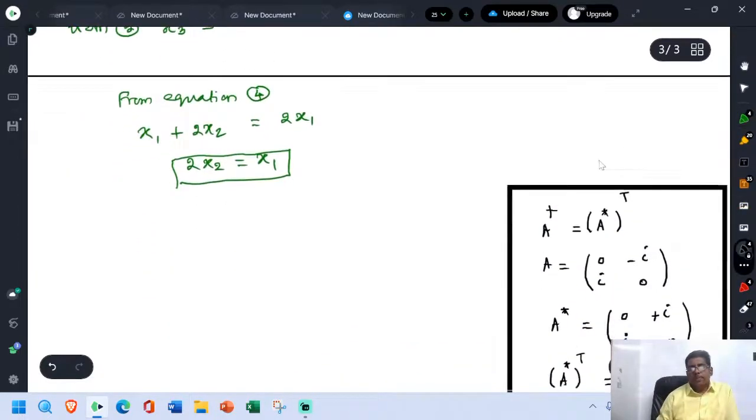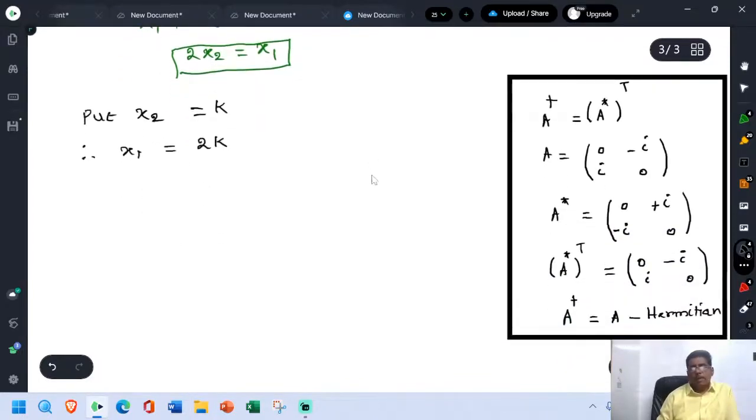Now put x2 equal to k, therefore x1 equal to 2k.